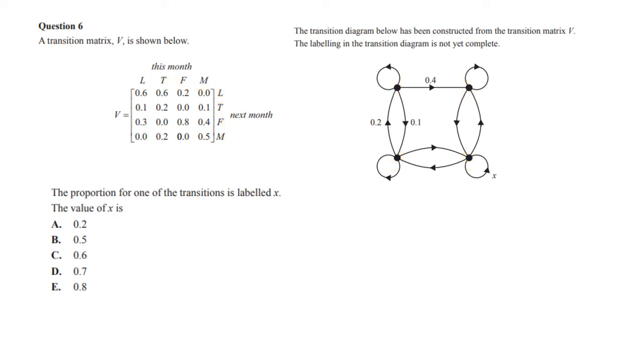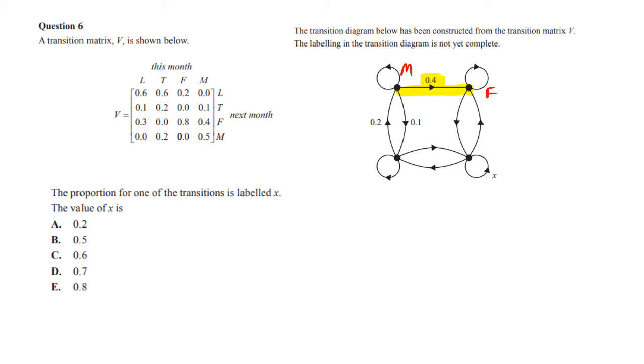Now, what do we have that we know? Well, we can see there's a 0.4 here. What's interesting about that 0.4 is there's only one 0.4 on the whole diagram. And that says we're going from this one to this one. Well, that tells us we're going from M to F. So that arrow is pointing from M to F. So we've already got M and F worked out.